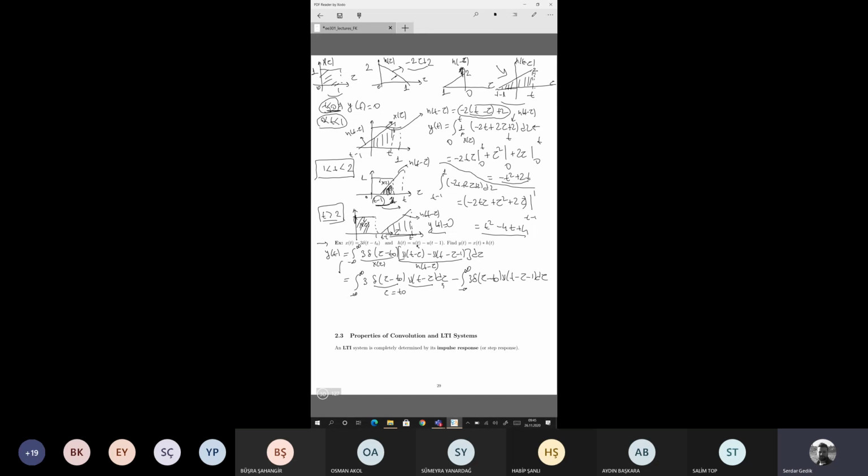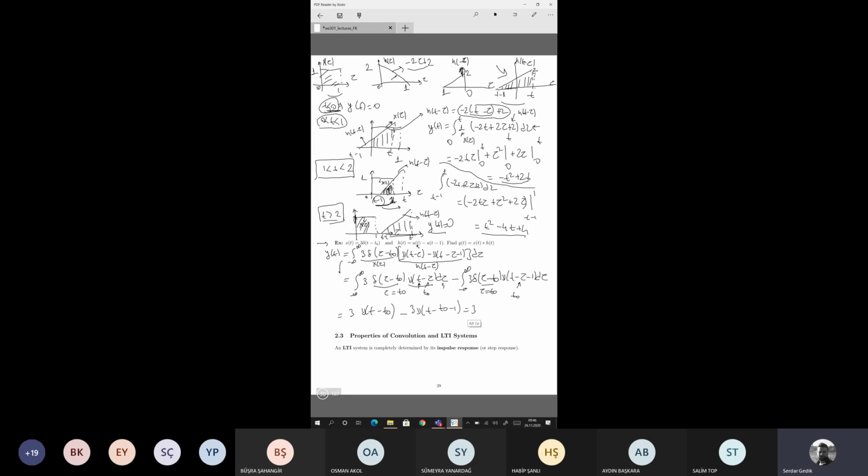The integration is with respect to tau, so I have to check the values for tau. This impulse is at tau equals t0, so I will simply put t0 instead of tau. So this is 3 times u(t - t0), minus, again, this impulse is at tau equals t0, so I will put t0 here, and it is again 3 u(t - t0 - 1).